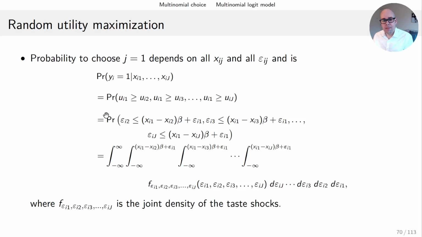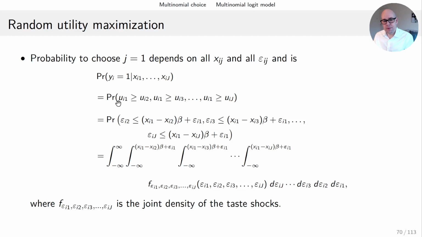Now, in the next line, all I've done is to plug in the functional form of the utility function, and I've brought always the epsilon that is not the epsilon associated with the first alternative, I've brought that on the right hand side of an inequality. Okay, so I can write this joint event like this.